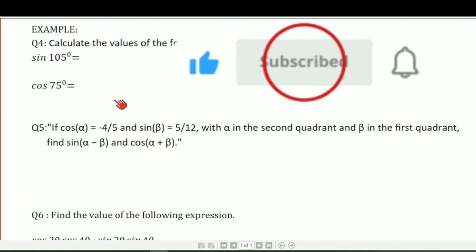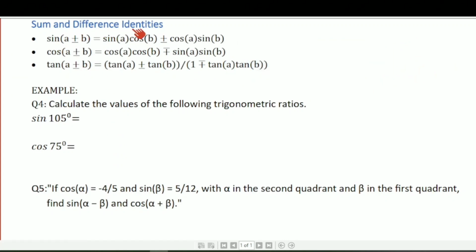Two examples for the application of these formulas. For example, 105 should be broken into two numbers whose sine and cosine we know and are easy for us to calculate. I break 105 into 60 plus 45, which means 60 plus 45 equals 105.